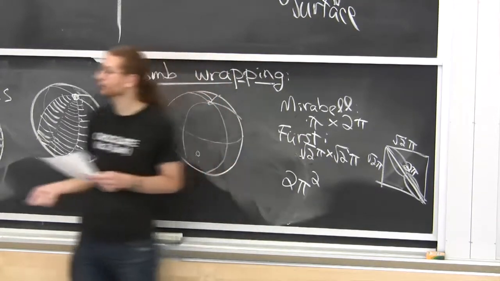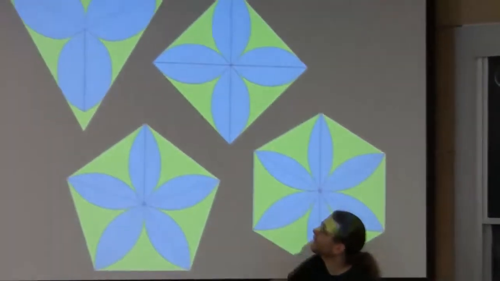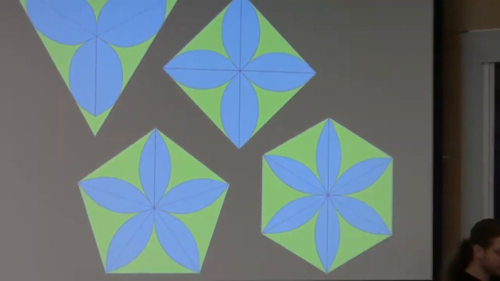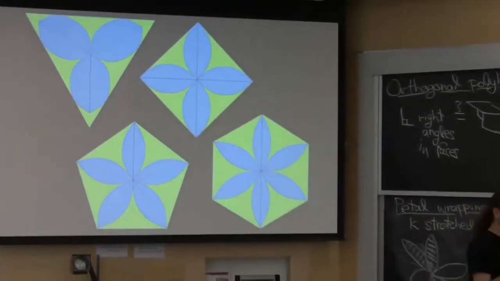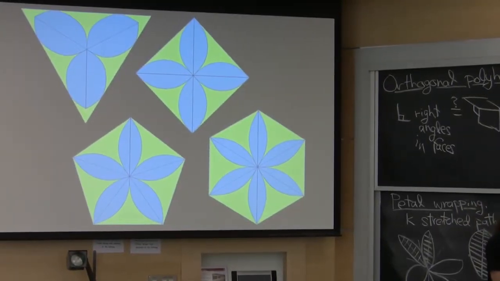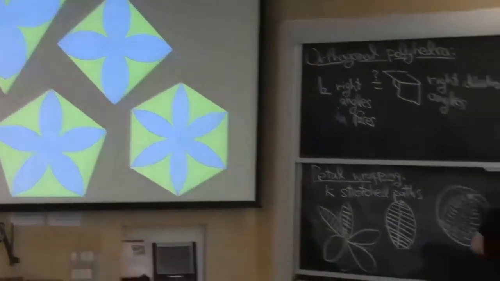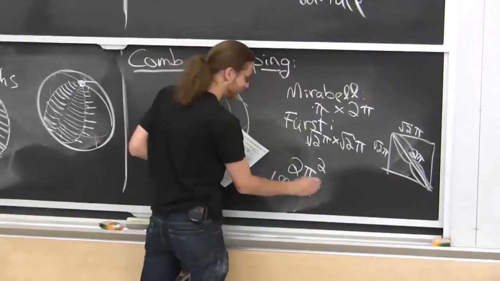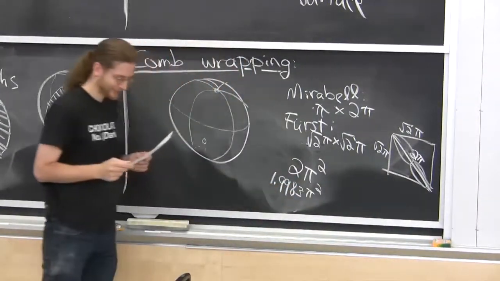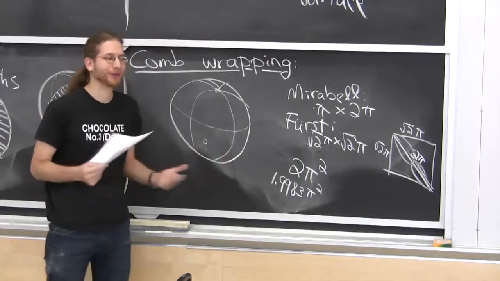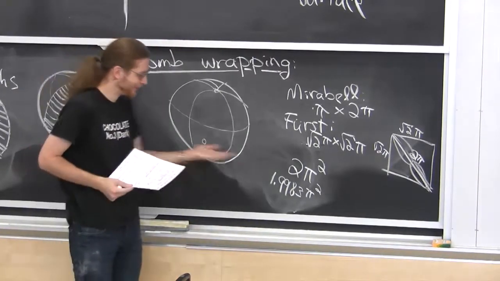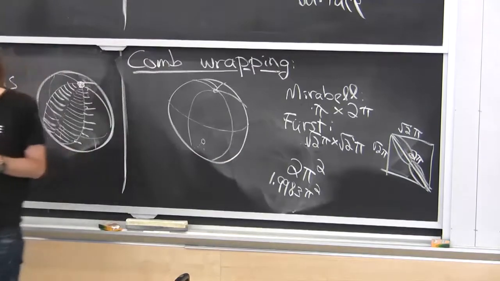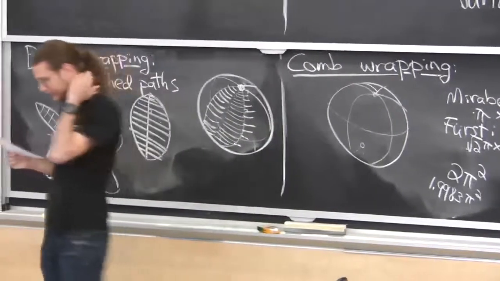The equilateral triangle wrapping, that one in the top left, instead of 2 pi squared, it has area 1.9983 pi squared. That's the 0.1% improvement. Amazing. This was a surprise. We thought it would be a fair amount better or worse or the same or something, but almost the same. It's not what we expected. Let's see.